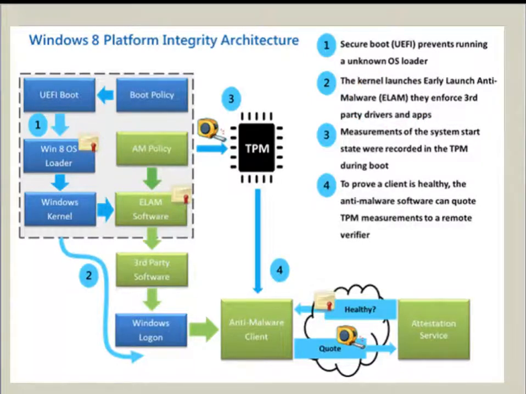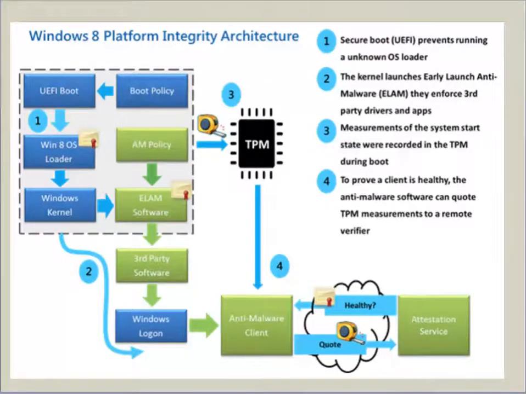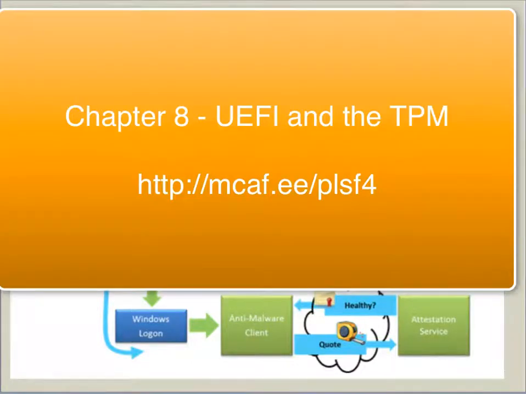So this is a big change, and it's a good change, because getting rid of rootkits is very difficult. This will help with that. If you'd like to learn more about UEFI, check out the book chapter at the link shown on the screen.